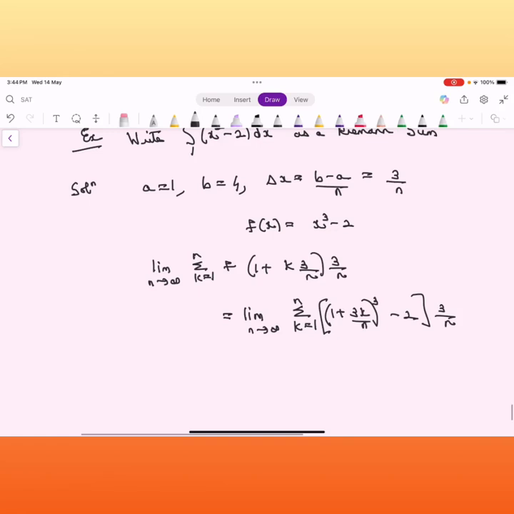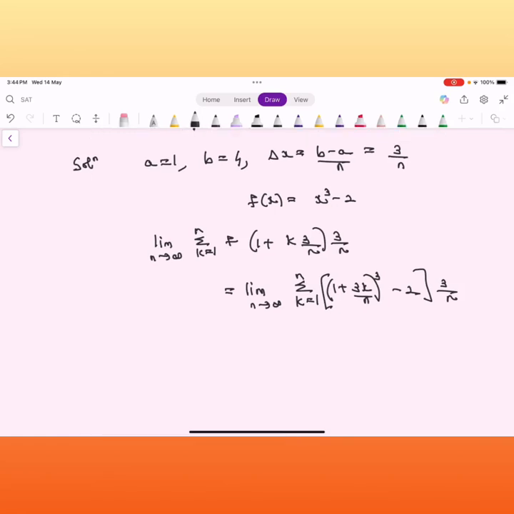Okay, now we move to the basic introduction of calculating the area of a region.